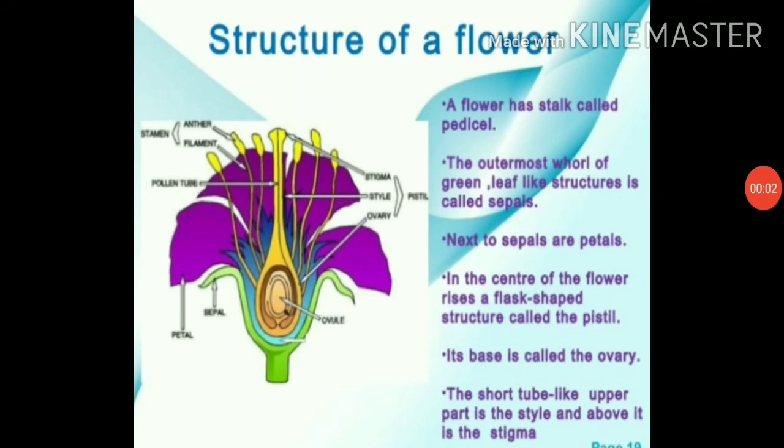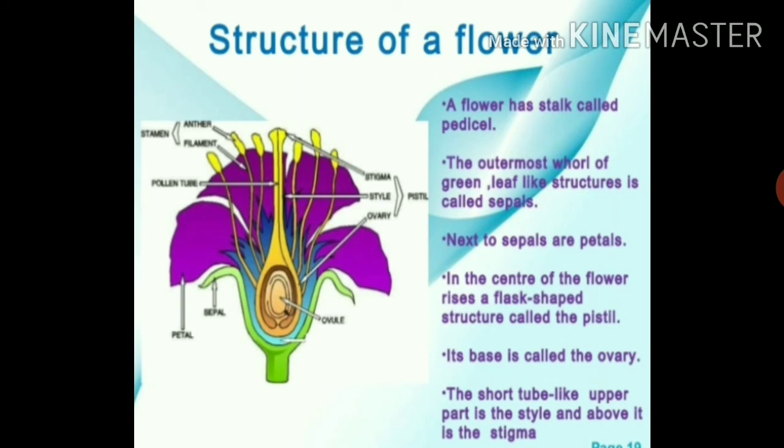So students, next we have to read about the structure of a flower. Today we will learn only the main parts of a flower, okay, because you have to draw the structure of a flower in your science copy and label the main parts. So let's know about the main parts of a flower.